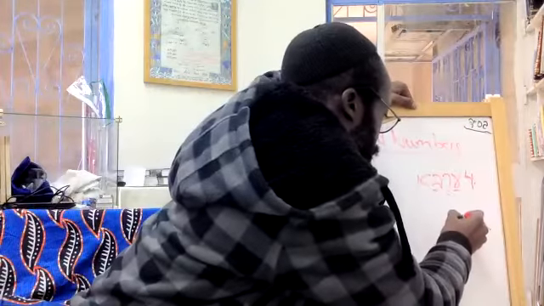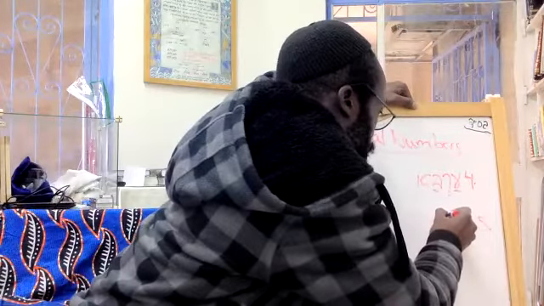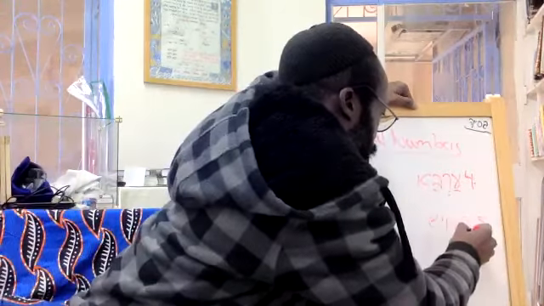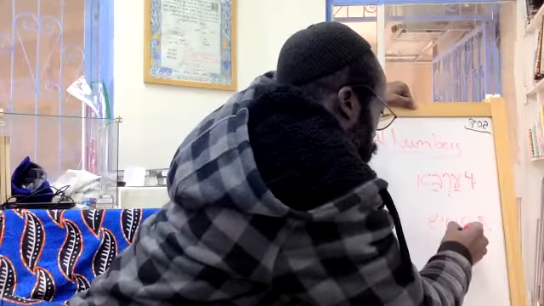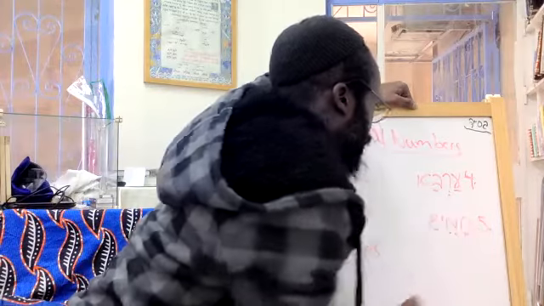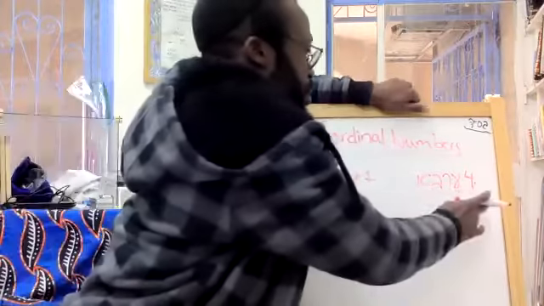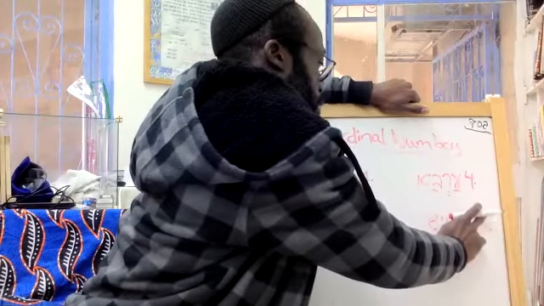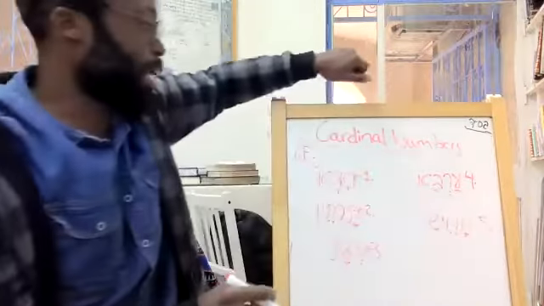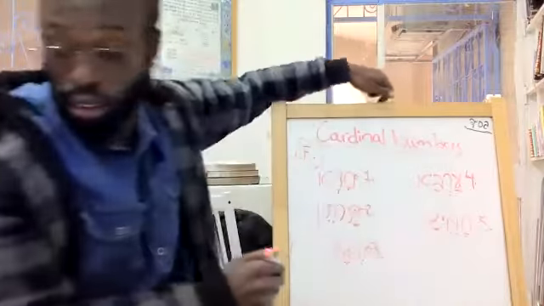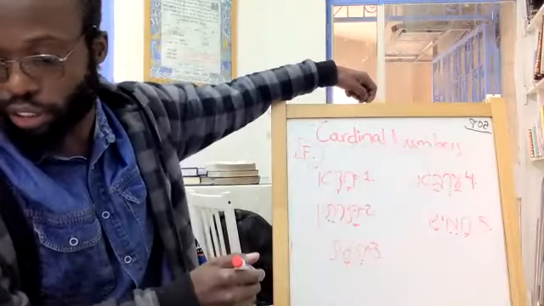So 5 is hamesh, just like in Hebrew. 5. So that's easy to remember. As I said, Aramaic is very close to Hebrew. That's why it's very helpful to have a basis in Hebrew. It'll make it just a lot easier.